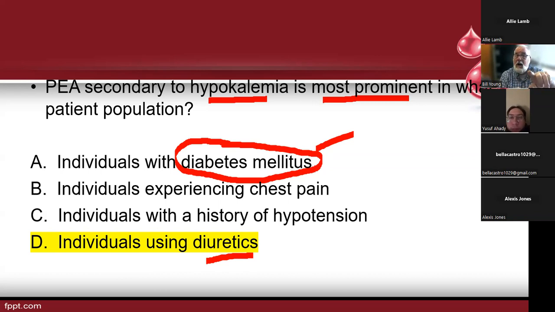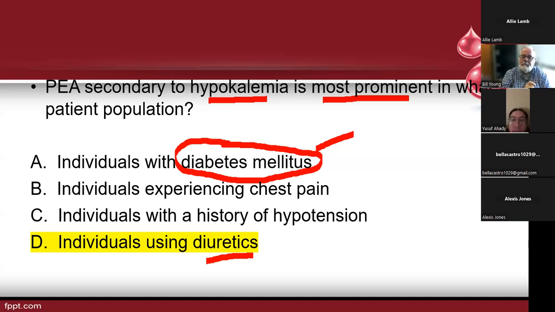But again, a low potassium can often be permanently toxic if we allow our patient to go into cardiac arrest, because in that situation, everything that we do is typically not going to work. Why? Because the main problem is a low potassium.